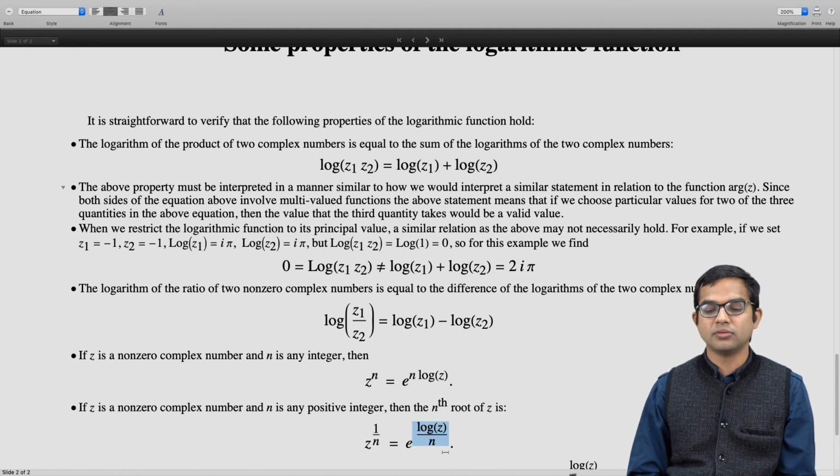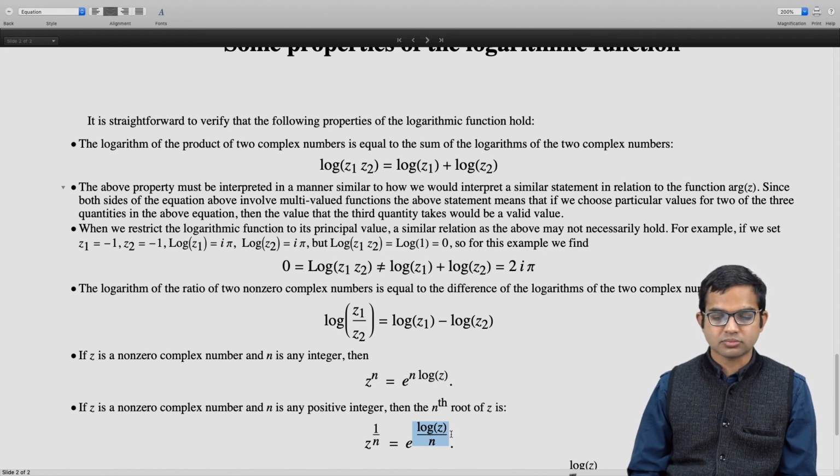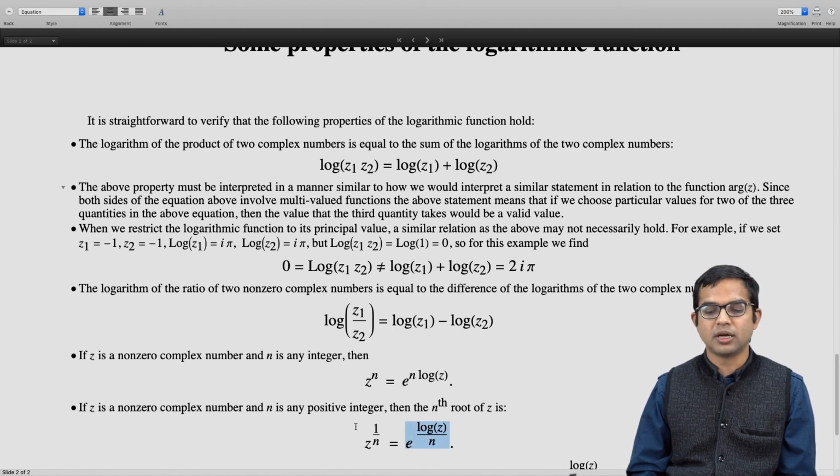So this is something that you can verify, after the nth value, they start repeating, because if you add some integer multiple of 2 pi i, the exponential of such a quantity will just give you back 1 after a point.